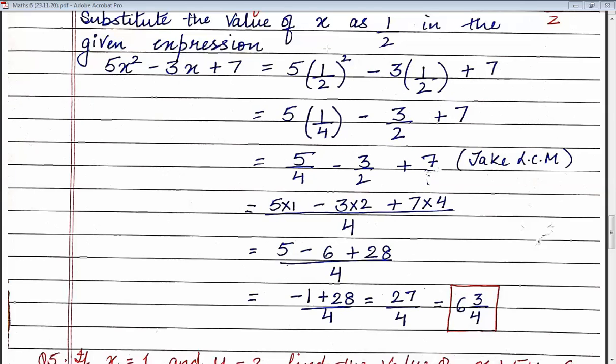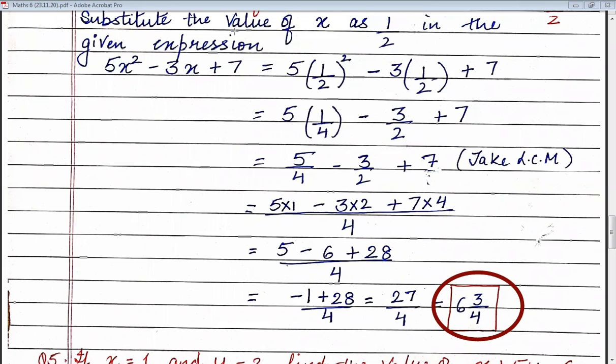And now you know that if it is an improper fraction, you have to convert it into a mixed fraction. So after converting into a mixed fraction, our final answer is 6, 3 upon 4.